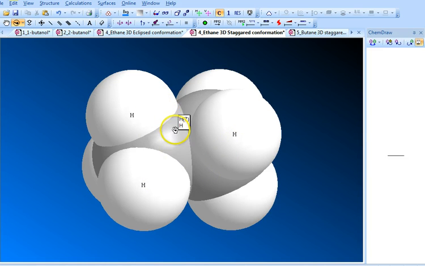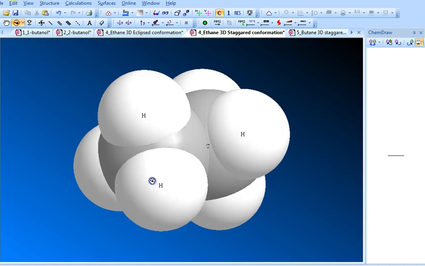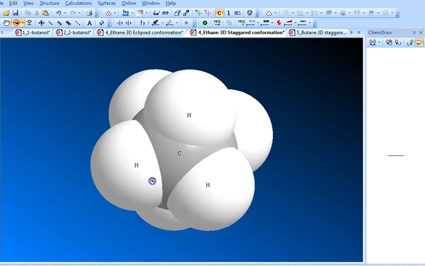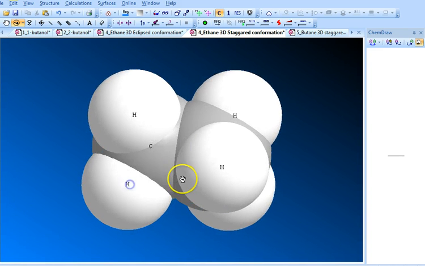There is a single bond between these two atoms, and this is your actual space filling model of ethane. You can see that these hydrogens are equal distance from each other, and there is a gap between the hydrogens of one carbon and the hydrogens of the other carbon.